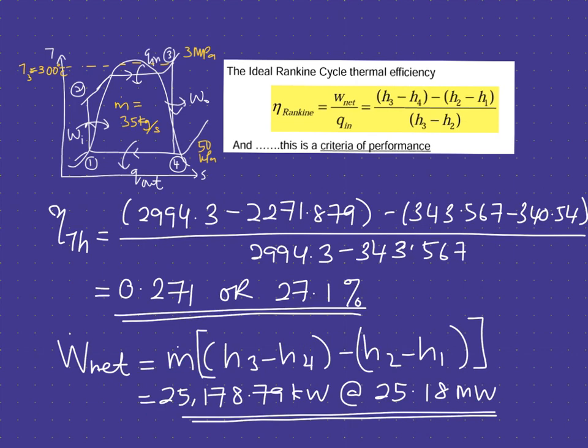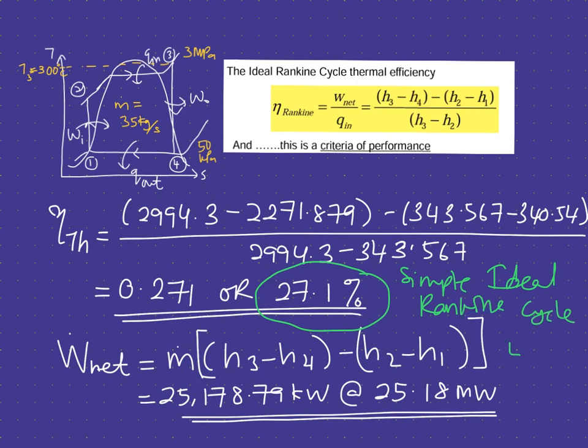So if you can see from the efficiency that you obtain here, the thermal efficiency for this simple ideal Rankine cycle is very low. It doesn't even reach 50%, right?